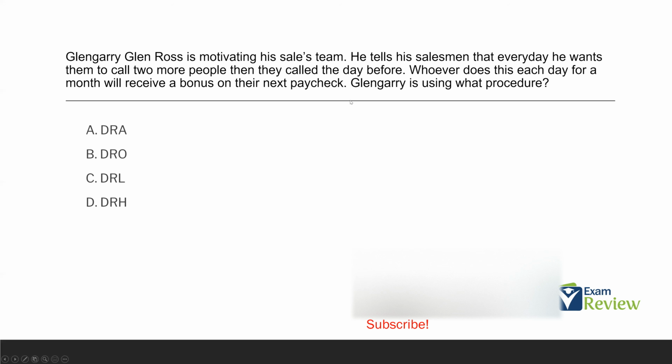That's the criterion, and if they do that for a month, they receive a bonus on the next paycheck. So Glenn Ross wants to increase calling behavior. He's setting a higher criterion each time and reinforcing that behavior occurring. Glenn is using what procedure? DRH, differential reinforcement of higher rates of behavior.